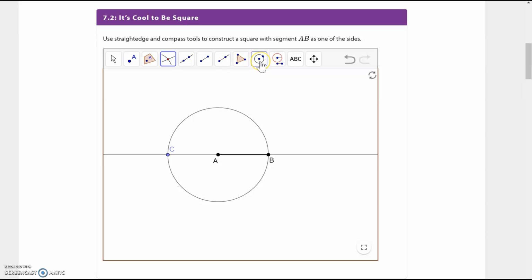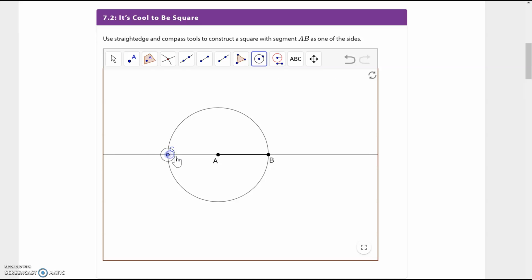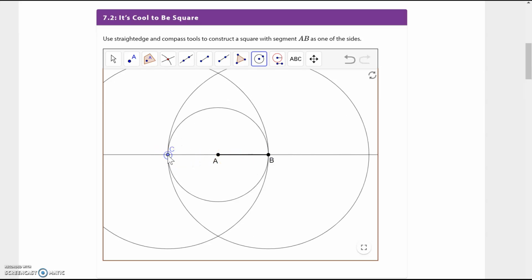So in order to do that, remember, all we need to do is draw a circle centered at C with radius CB, draw a circle centered at B with the same radius, and connect these intersection points.